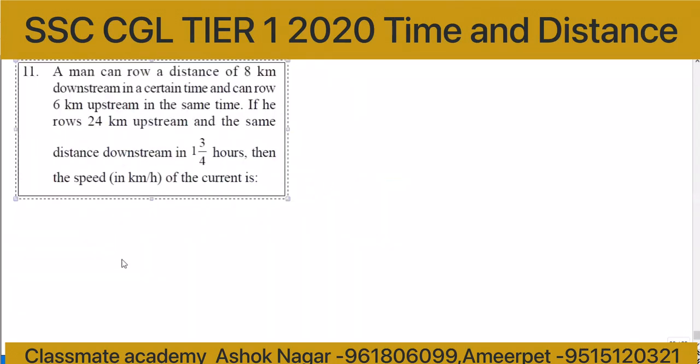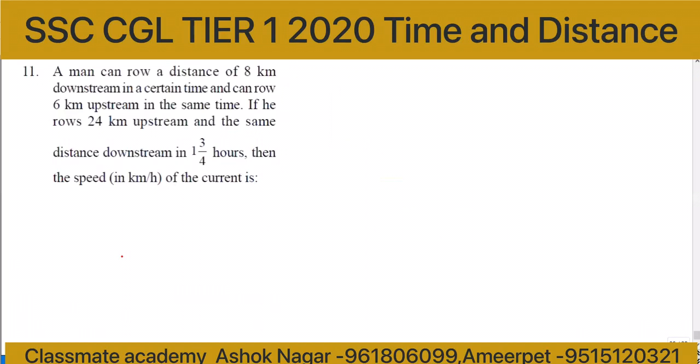A man can row a distance of 8 kilometers downstream in a certain time and can row 6 kilometers upstream in the same time. Okay. What is same? Time is same. When time is same, d1 by d2 is equal to, so what is DS by US?